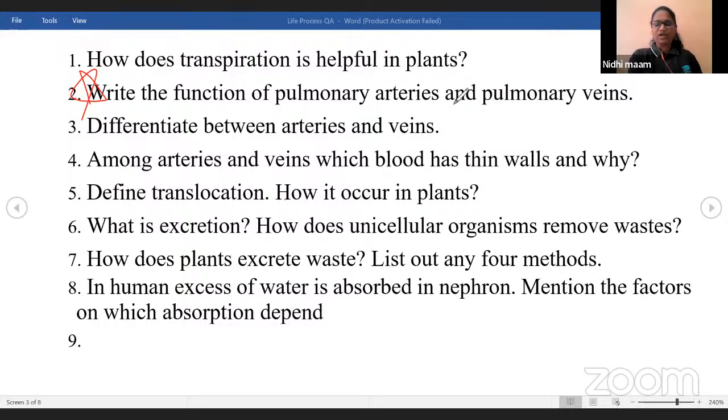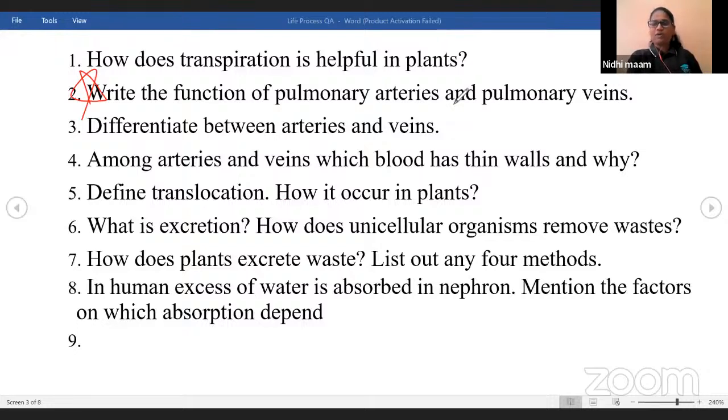Write the function of pulmonary arteries and pulmonary veins. So pulmonary artery means what?